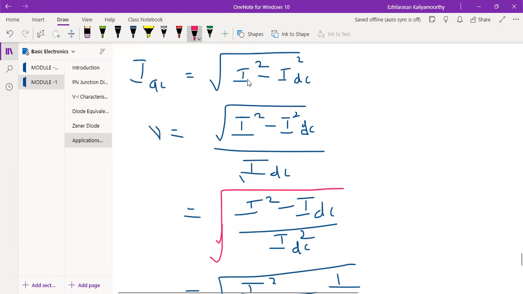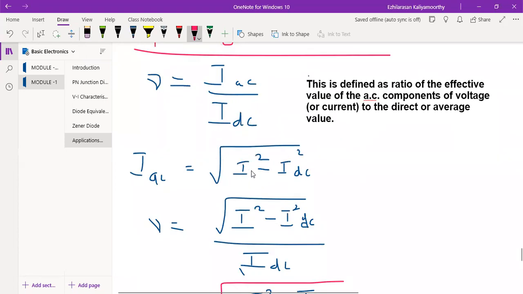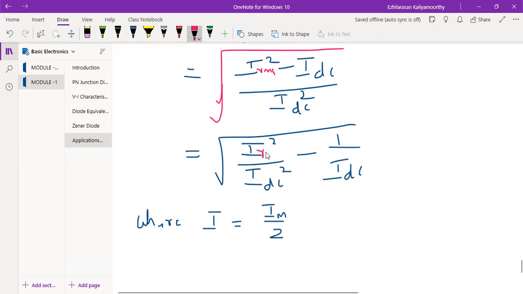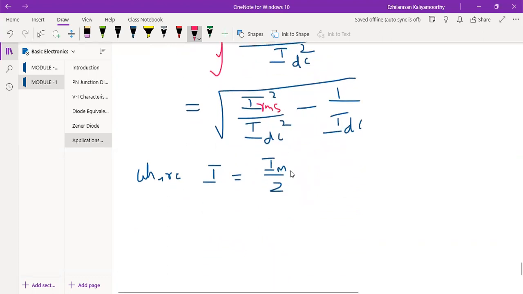So let me put it here: I is nothing but IRMS. Then you won't get confused. So it is the root of IRMS square minus IDC square. IRMS is Im by 2, and IDC is equal to Im by pi.